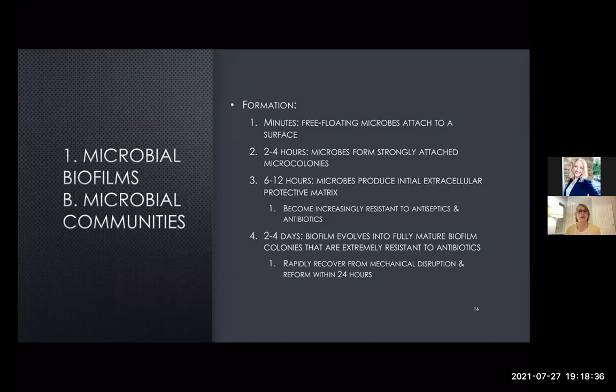So let's talk about how long it takes for microbial communities to form. Literally within minutes, free floating bacteria attach to a surface. So within minutes of being removed, bacteria from other spots in the mouth are already attaching to a surface. Within 2 to 4 hours, they are already strongly attached. Within 6 to 12 hours, they're producing extracellular protective matrix.